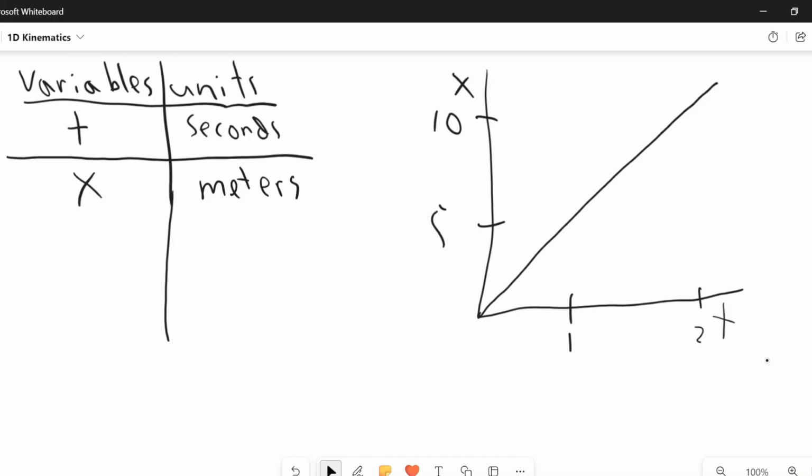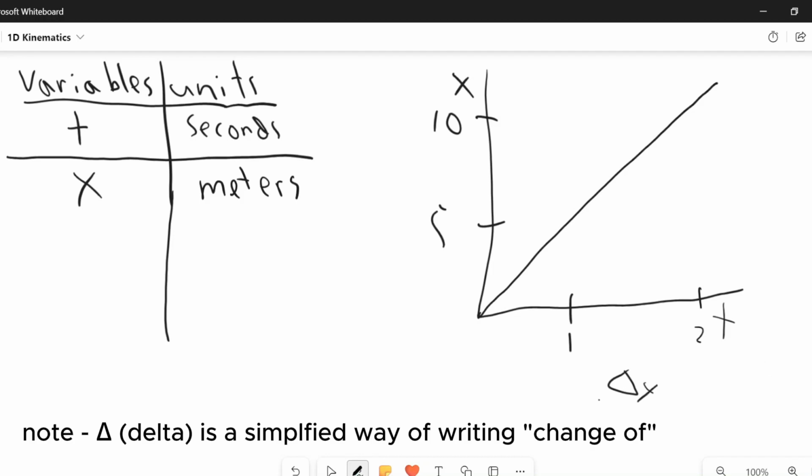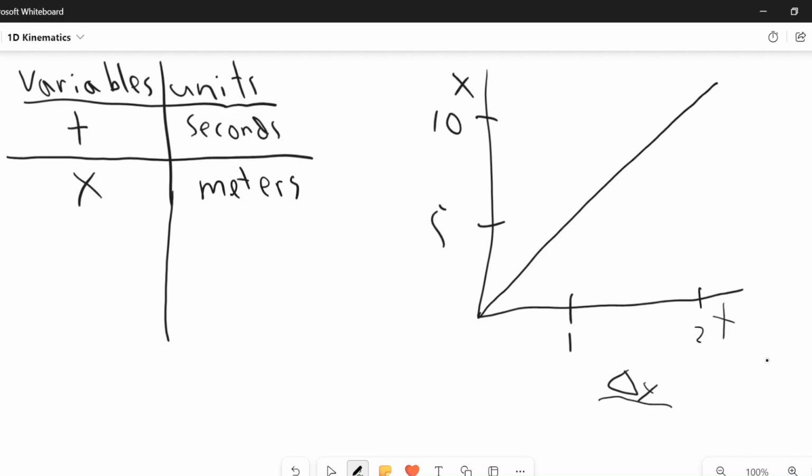And the slope can be represented as the change in position, which is delta x, change in position, which is delta is the triangle, over change in time. It's just rise over run, right? Rise is the change in position. Run is the change in time.